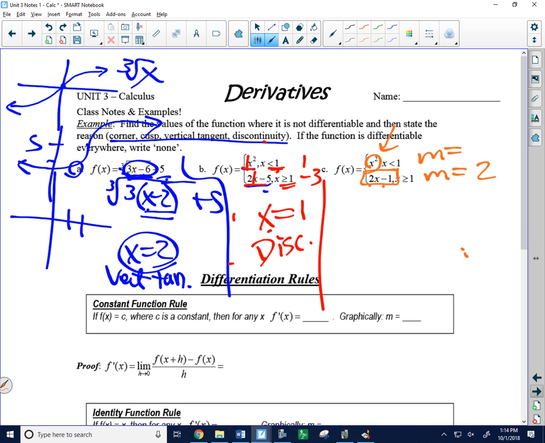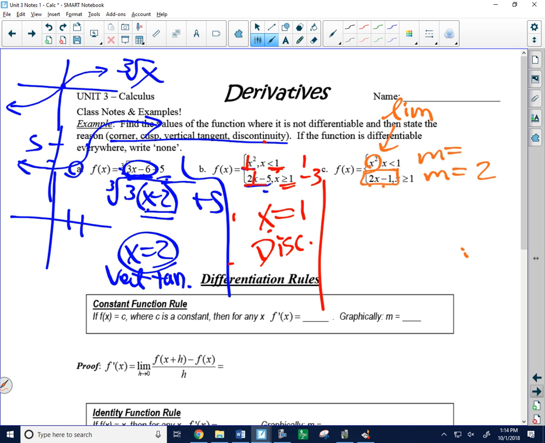Calculator, math 8. If I said you had to do it by hand, then you'd have to do the limit definition. So depending on what I say, calculator maybe, if not, limit definition. Either one.